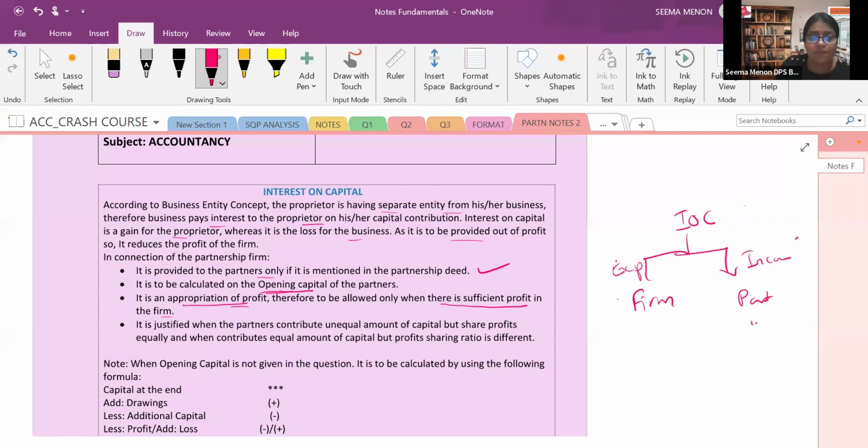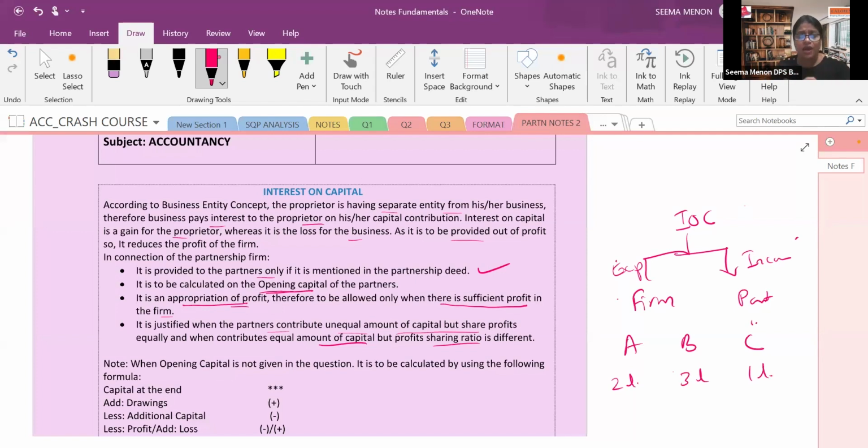It is justified when the partners contribute unequal amounts of capital but share profits equally, or contribute equal amounts of capital but the profit sharing is different. What is the meaning of this? Suppose three partners are there, A, B, C. A invests 2 lakh, B invests 3 lakh, C invests 1 lakh.